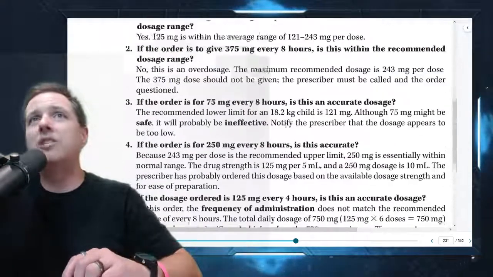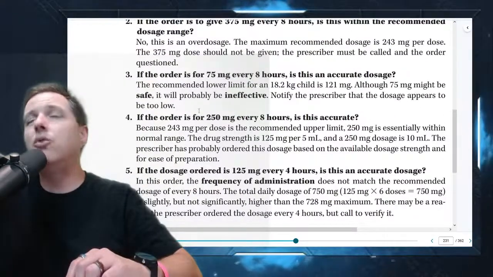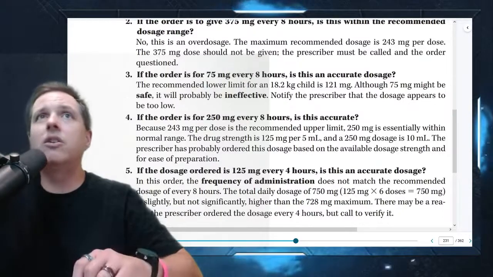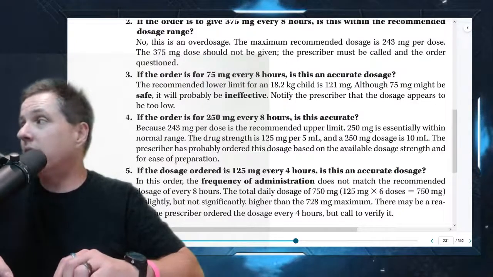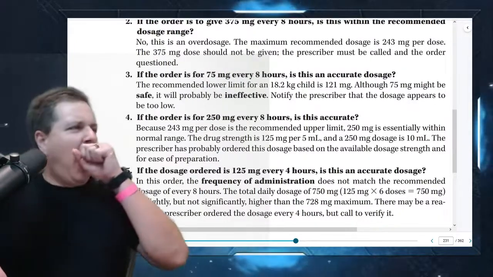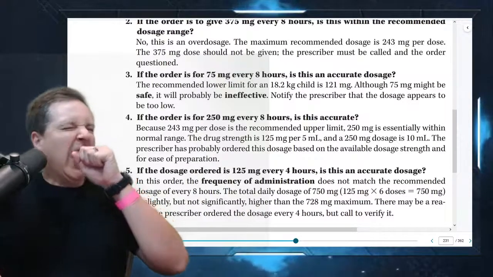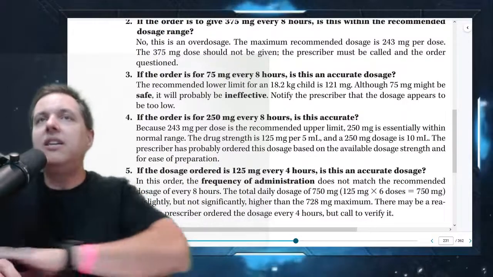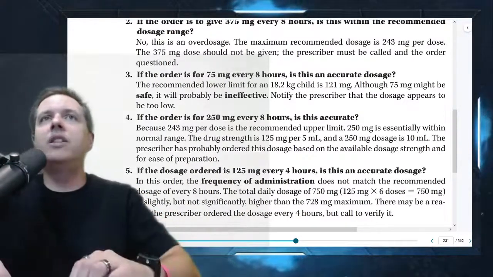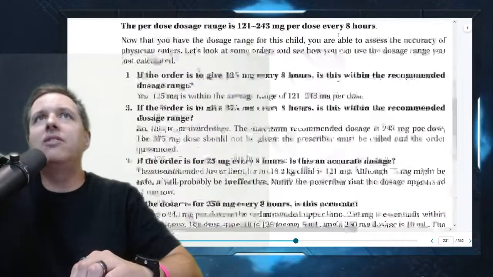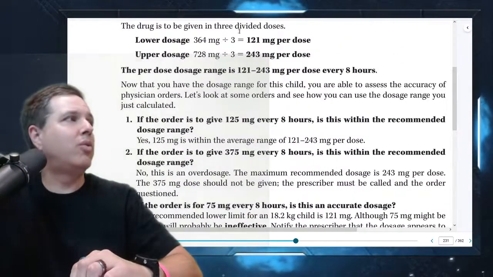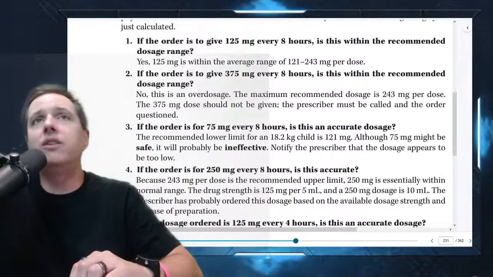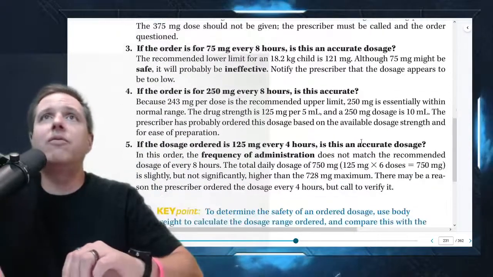So if you're giving that small of an amount, it might not even be doing anything. Right? It's hard to say. So in that case, you might want to double check, because it doesn't seem to be in the amount that is recommended. It's not in this range that we calculated between 121 and 243.